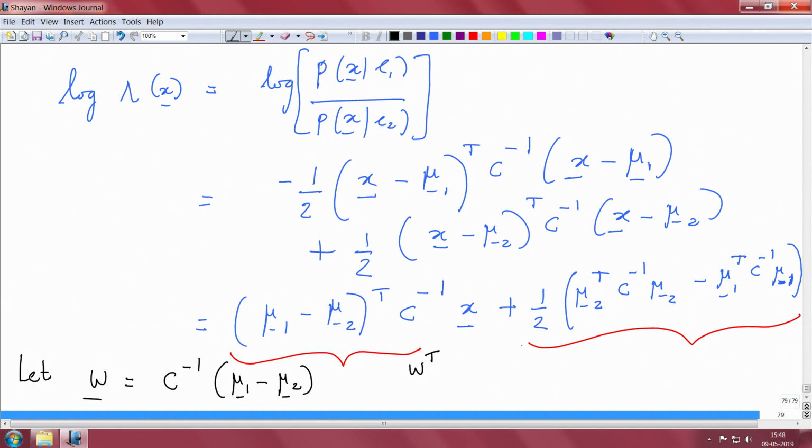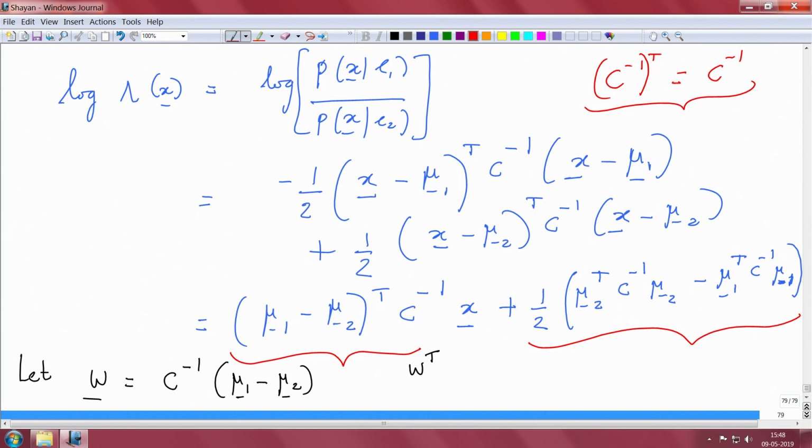We assume that C inverse transpose is C inverse. So, ponder why you have this symmetry in the covariance matrix, why these have to be symmetric. It should be straightforward.